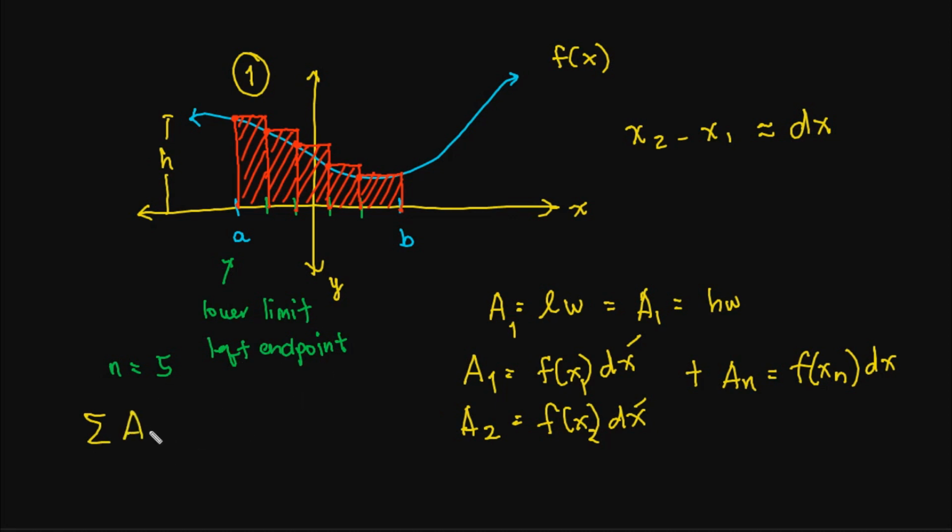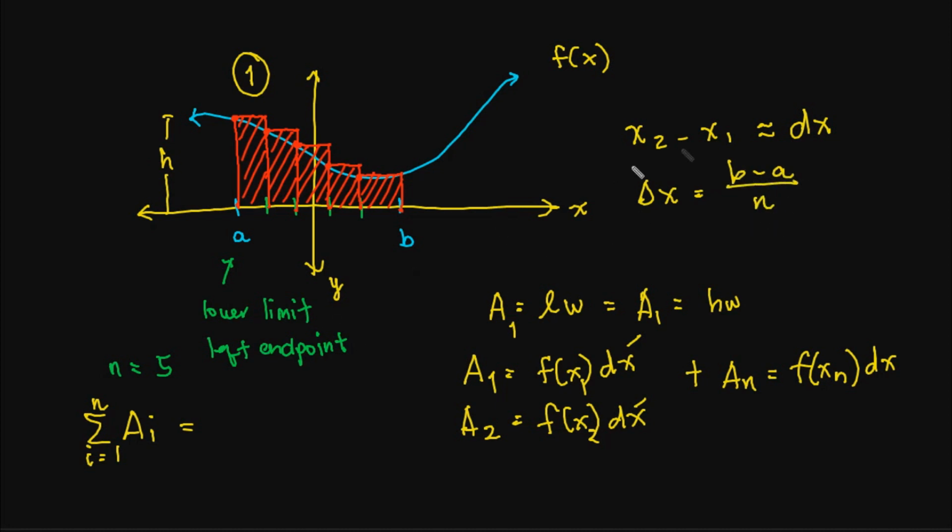So from a1, the sum of a1 to, let's say, the n. So this is typically equal to dx, and dx, we know very well that this is the distance between these two x values, and we know quite well that this delta x based on the handout is given by b minus a divided by the number of partitions.